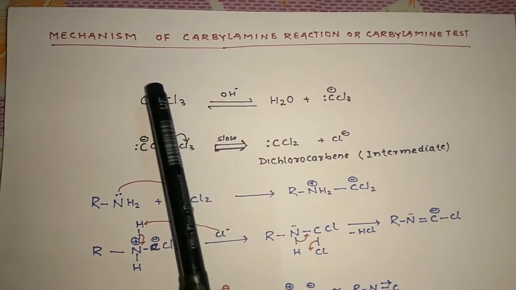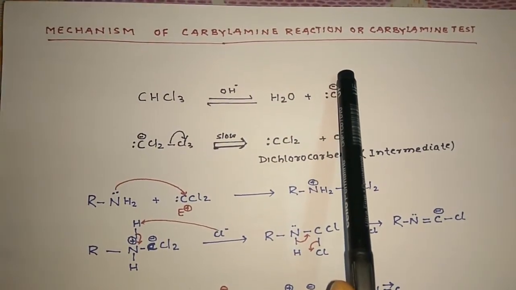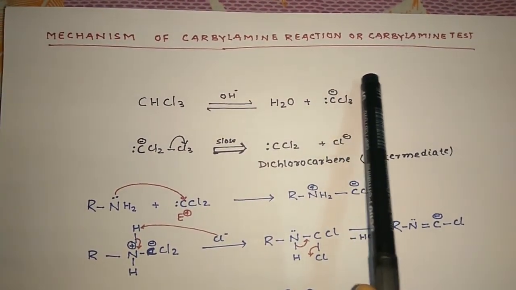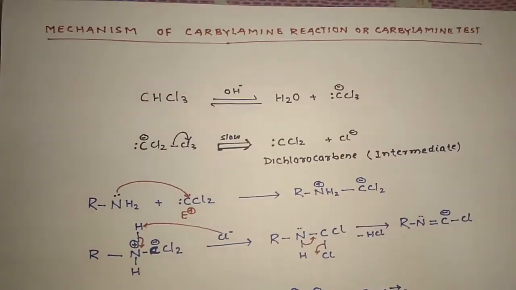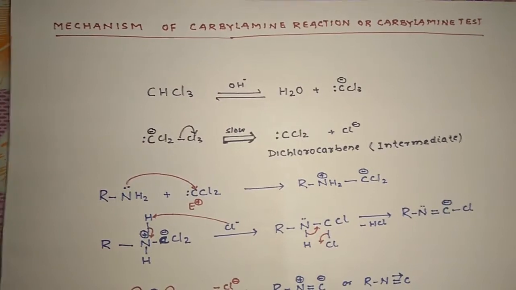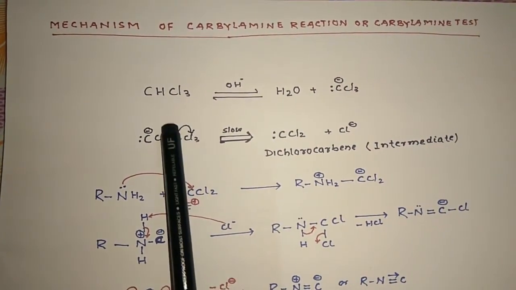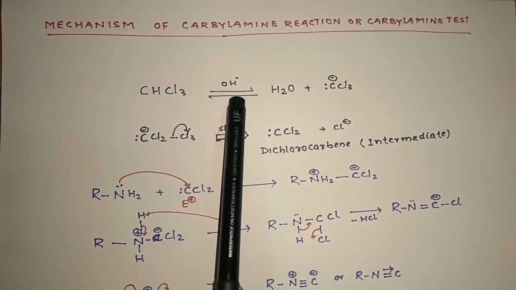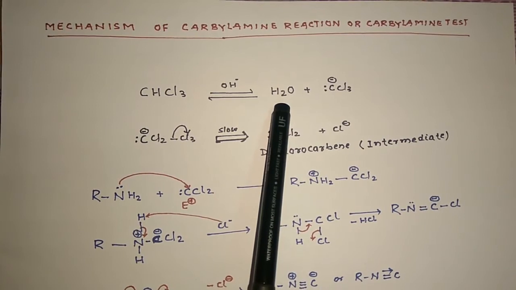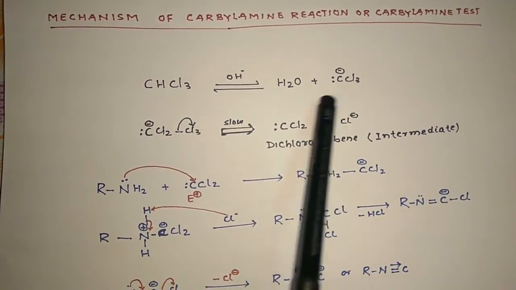Now, the mechanism of the carbylamine reaction or carbylamine test. First of all, chloroform CHCl3 reacts with base and forms water and CCl3 anion.